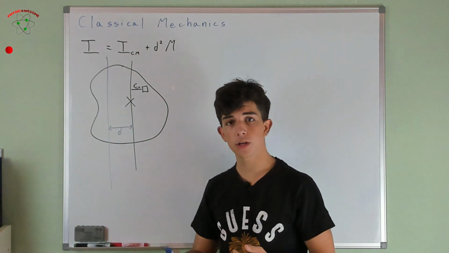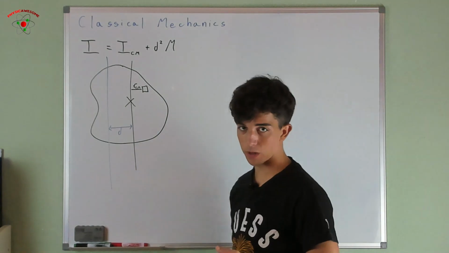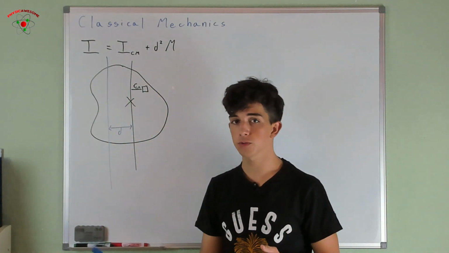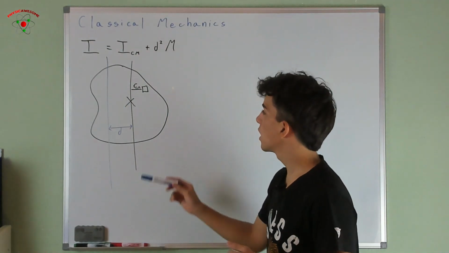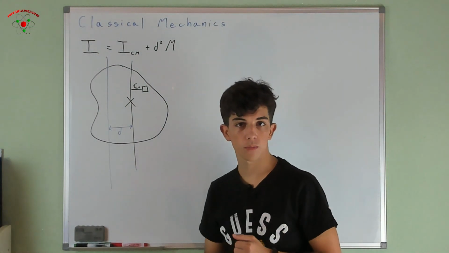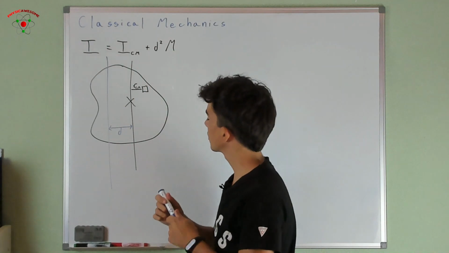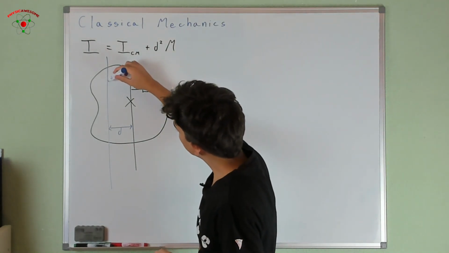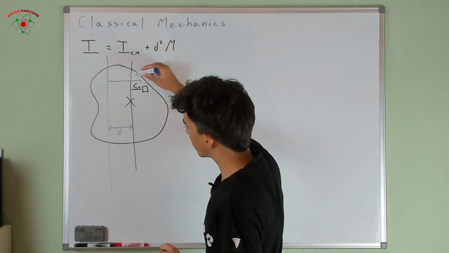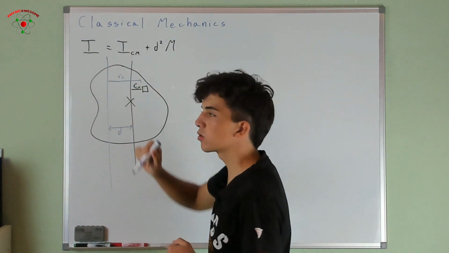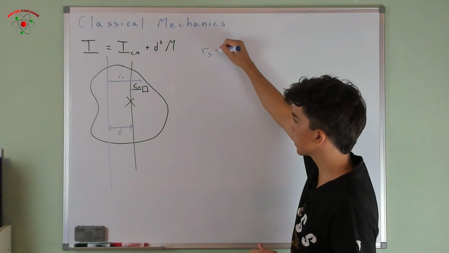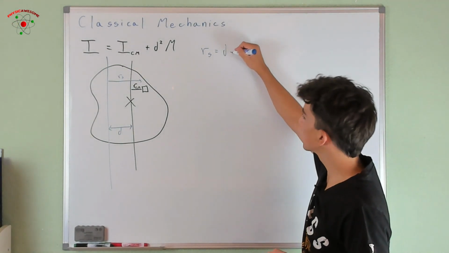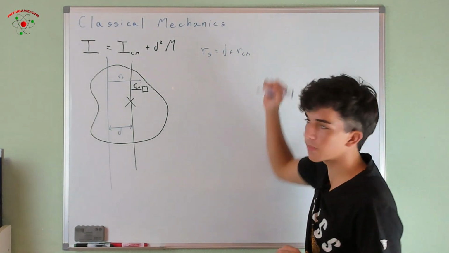Imagine we have a rigid body, this is the center of mass, we have our axis, the parallel axis, which are the two axes for this moment of inertia, and we have, for example, this small mass element right over there. If we try to find the distance to this element from the other axis, which we're going to call Rs, we find this distance to be Rs equals d plus r center of mass.